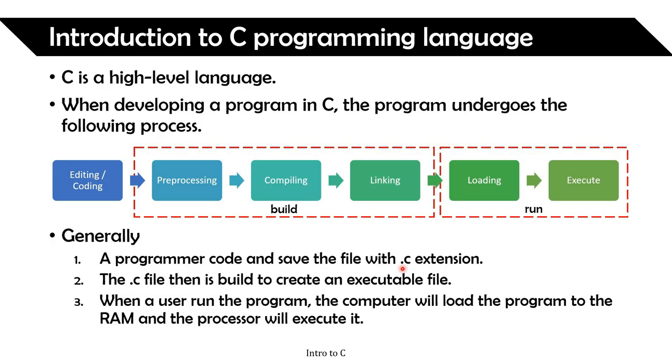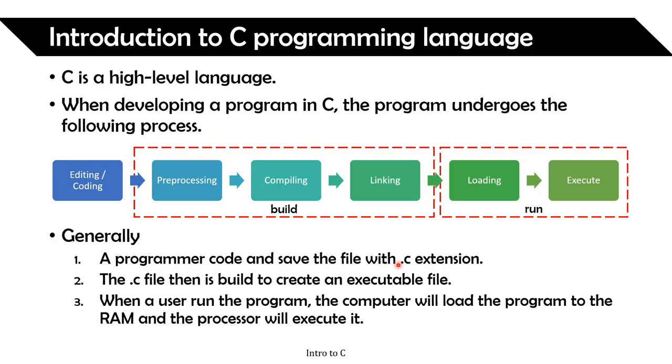DOCX. When you save the document, that's how it gets saved, right? PowerPoint, what is the extension? .ppt. So in C, it is .c. Whenever the compiler sees this, it reads from the extension and knows that if it's .c, it is written in the C language.